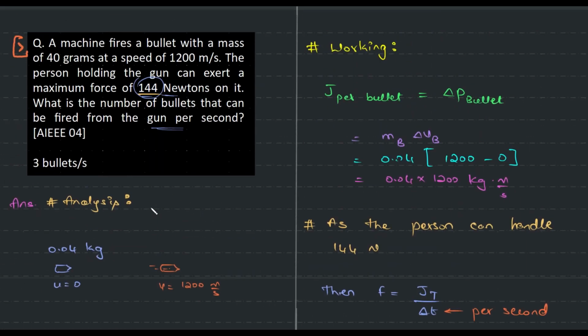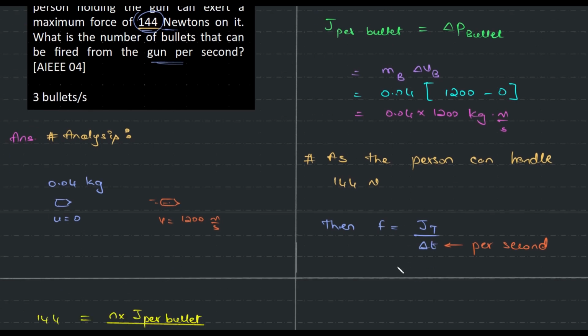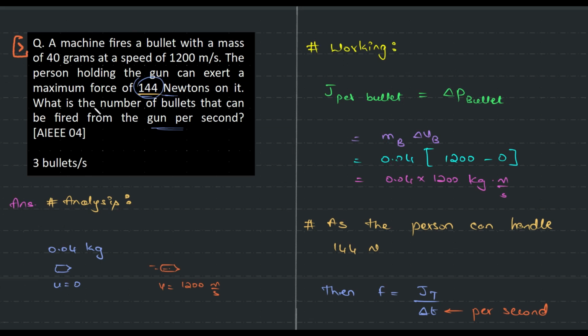Okay, guys. So here the funda is that per second, how much force, how many bullets can the person handle. The main thing is that delta T is not very clear, so you need to understand that the question is the number of bullets that the person can fire per second.